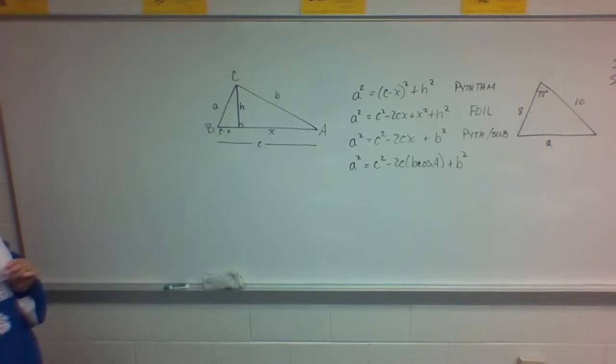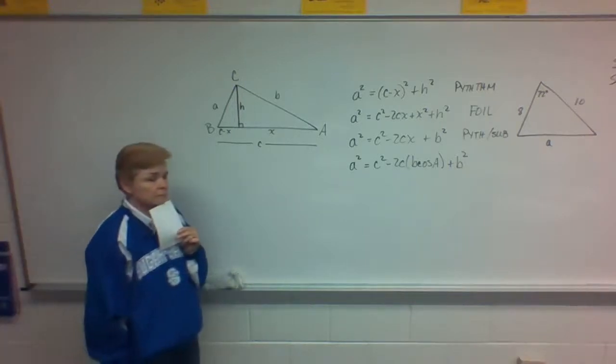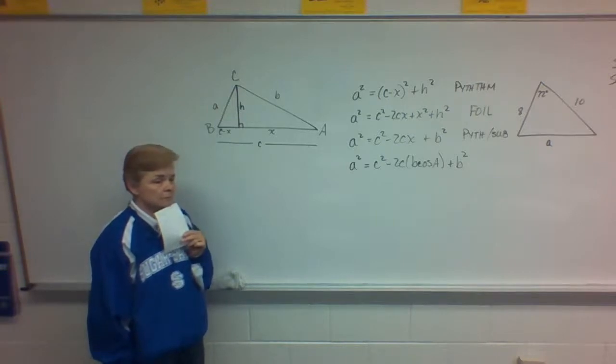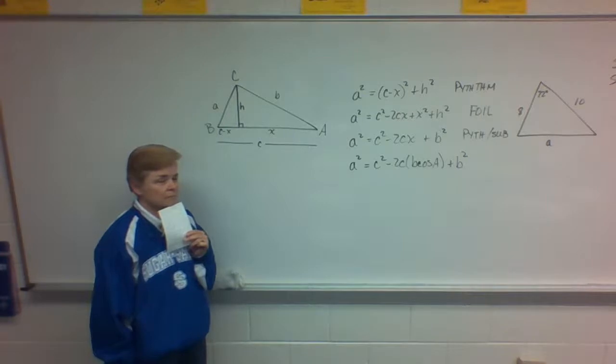You don't believe that's true? You don't? I do. Okay. Why? Because the cosine of angle A is x over b. You multiply by b, you get b cosine A equals x, and then you can substitute that in.